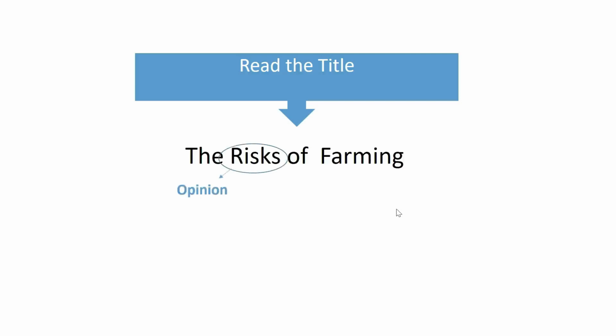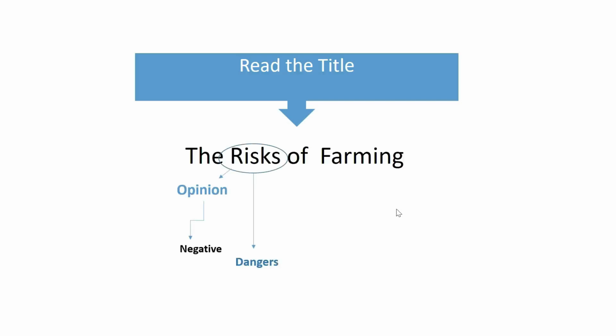So the first step is to read the title. So the title of the article is The Risks of Farming. So straight away we have the word here, risks. So we know that this is an opinion that somebody must have regarding farming. And it's negative.